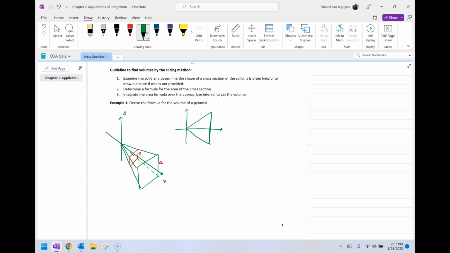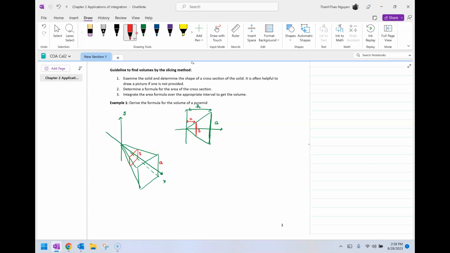This distance here is the base of the pyramid, of length A. The height of the pyramid is this distance, h. And the cross section, of length S, can vary. So this distance is x.